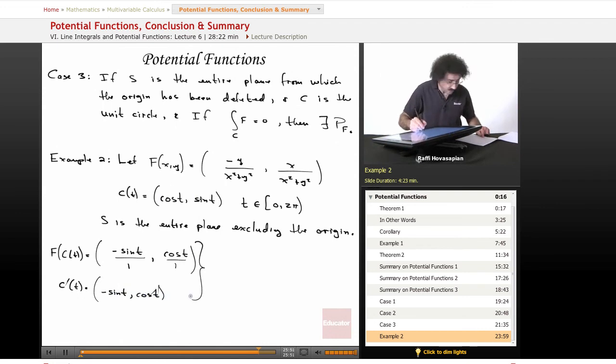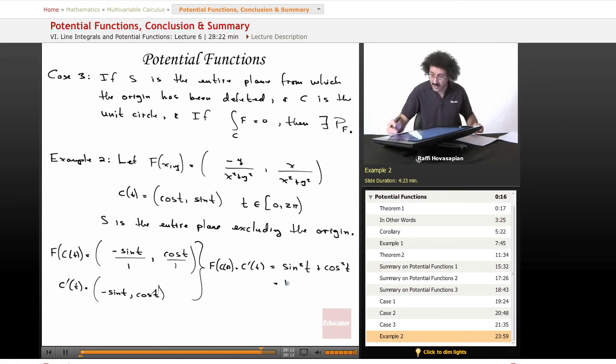Okay, so when we form f of c of t dot c prime of t, when I dot these two, I end up getting sine squared t, right, minus sine t, sine squared t plus cosine squared t is equal to 1.